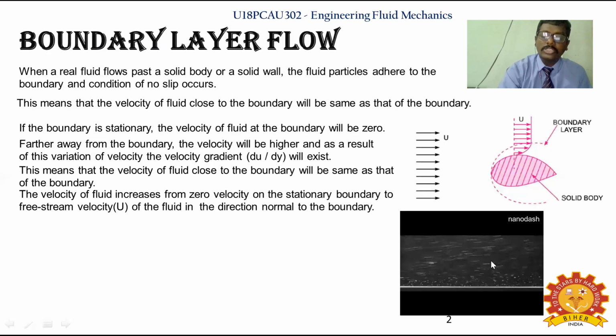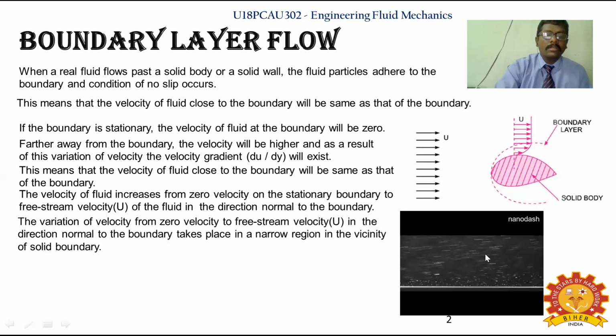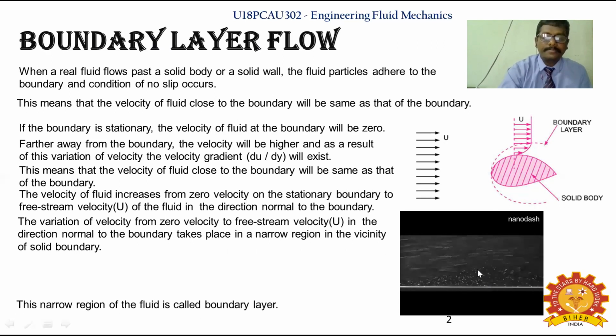Once it has reached the boundary layer edge, the fluid flows with a constant free stream velocity. So the variation of velocity from zero to the free stream velocity in the direction normal to the boundary takes place in a narrow region in the vicinity of the solid boundary.